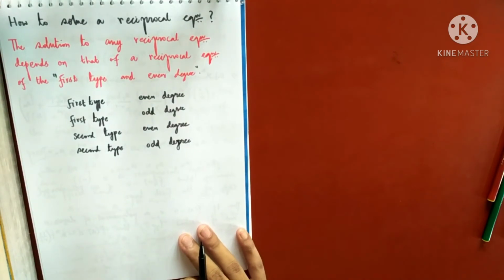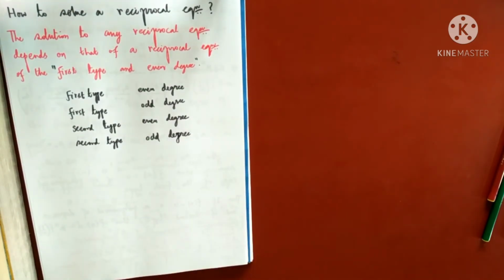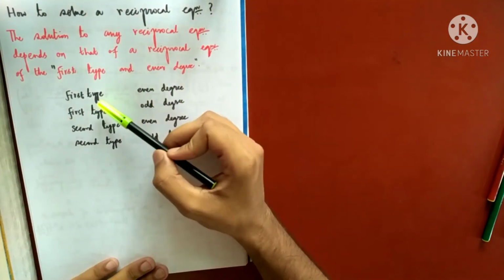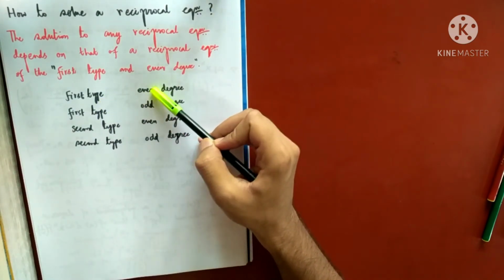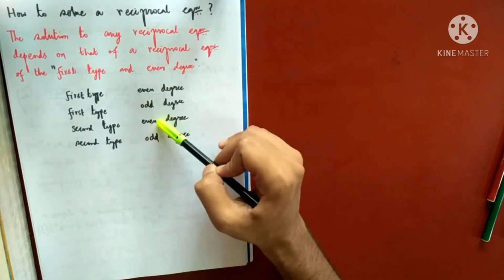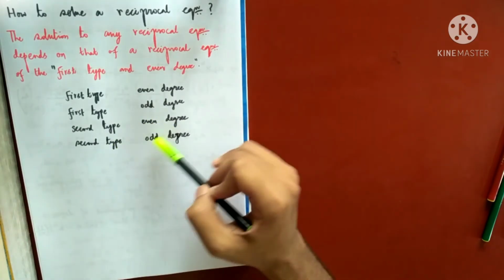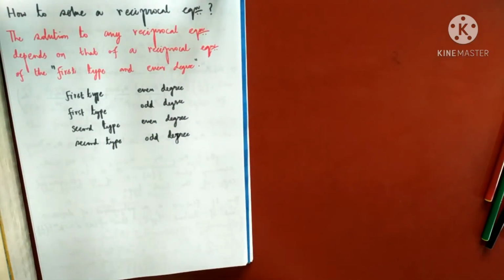So these are the four possibilities, right? Any reciprocal equation will be of first type and even degree, or first type and odd degree, or second type and even degree, or lastly second type and odd degree. These are the only four possibilities.